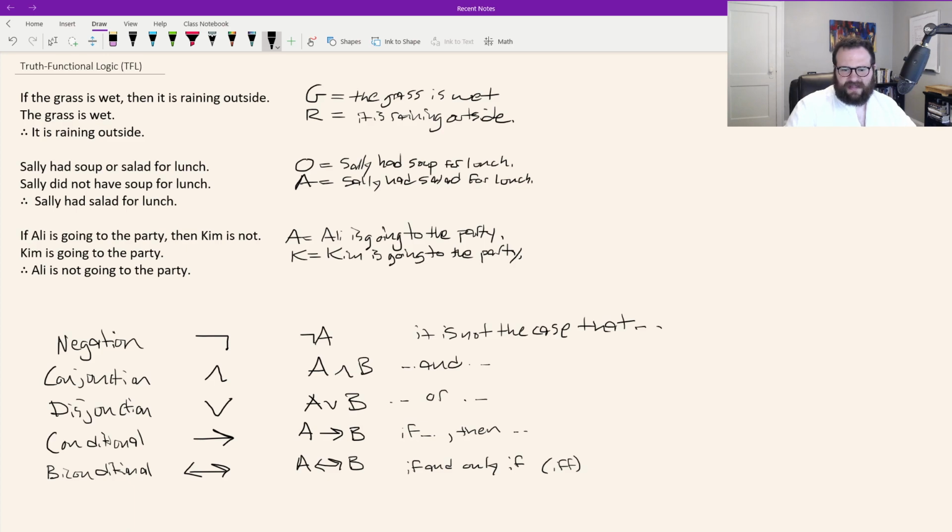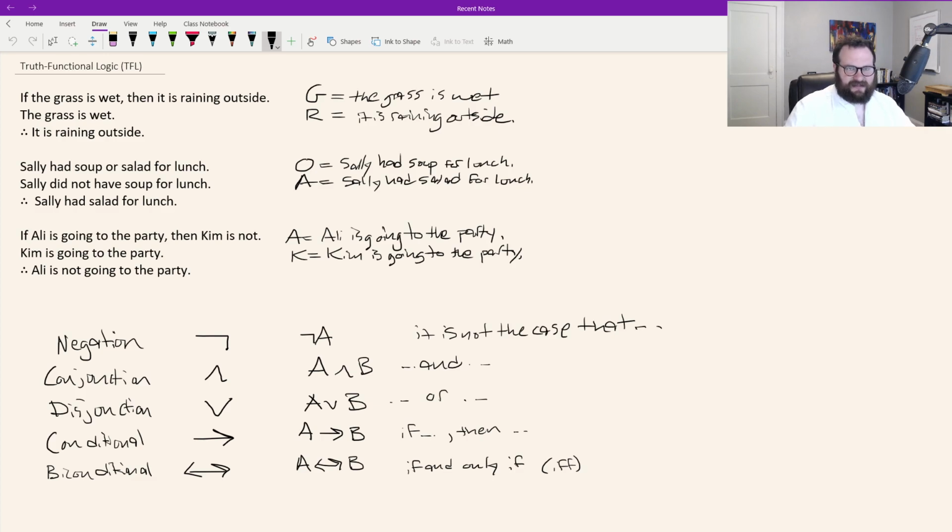Now, a biconditional is much stronger than a conditional. If a biconditional is true, that means both sides guarantee each other. In other words, if the left side of it is true, the right side of it has to be true. And if the right side of it is true, the left side of it has to be true.